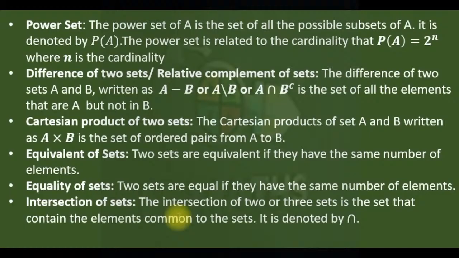So we have intersection of sets. The intersection of 2 or 3 sets is the set that contains the elements common to the sets. It is denoted by an inverted cup. So see what I'm saying?